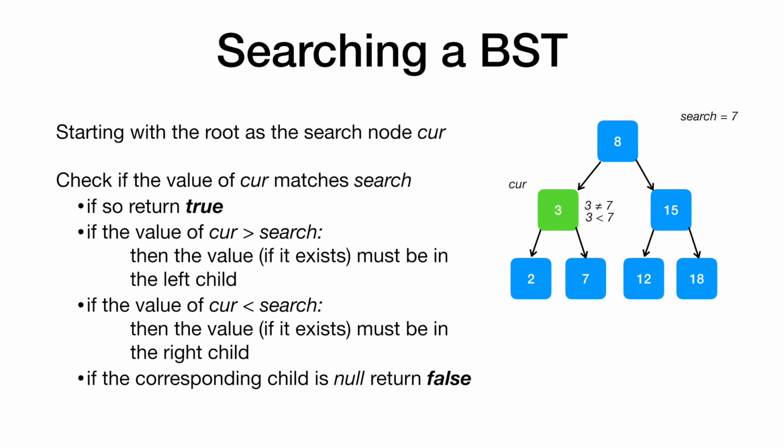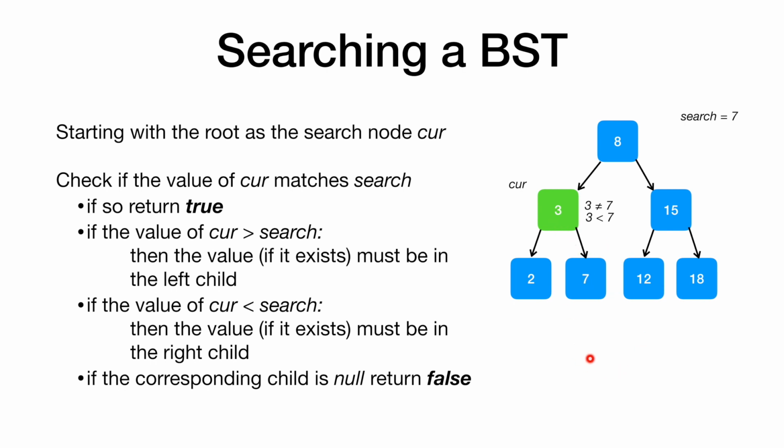So we move to the recursive call on the node 3, but 3 is not equal to 7, so we know we're going to have to make a recursive call. And 3 is less than 7, so we know that recursive call should be made to the right. If it exists, it has to be in the subtree that's here.